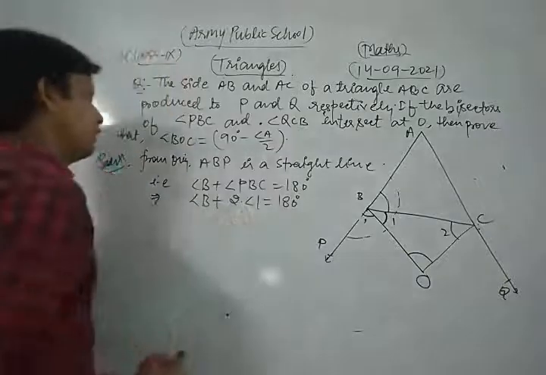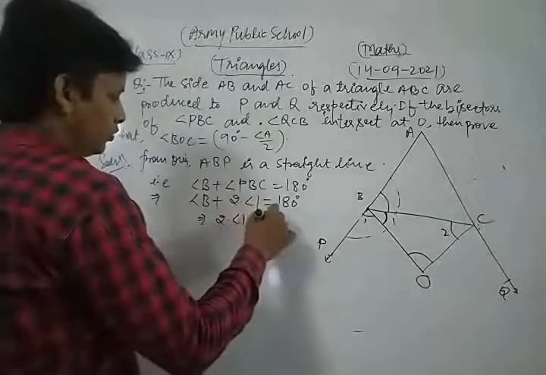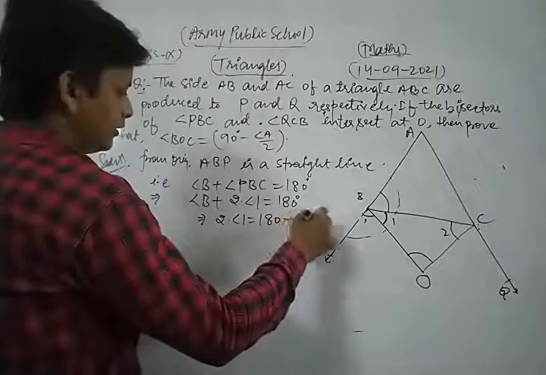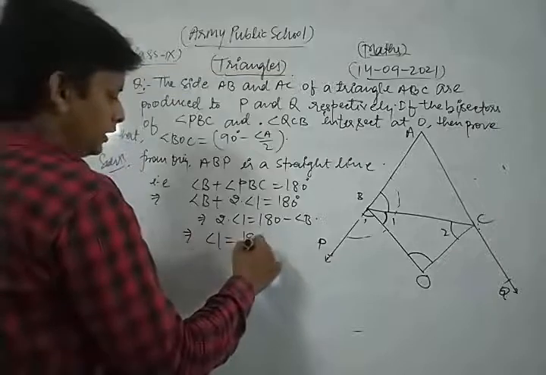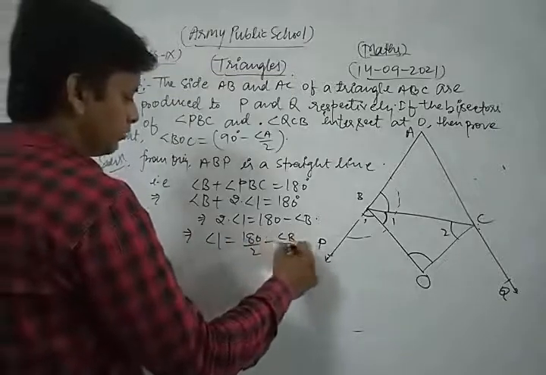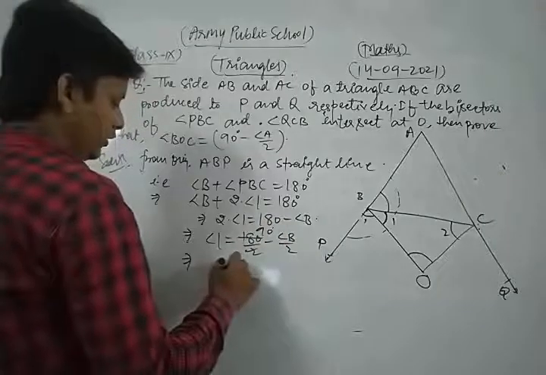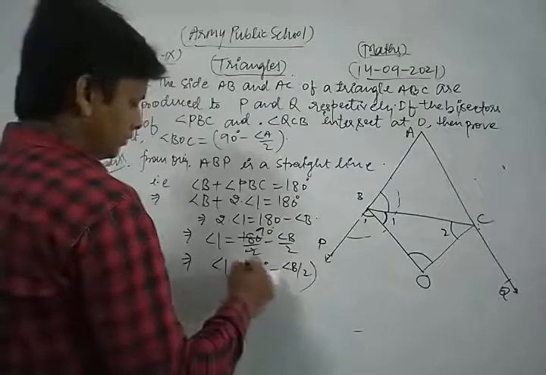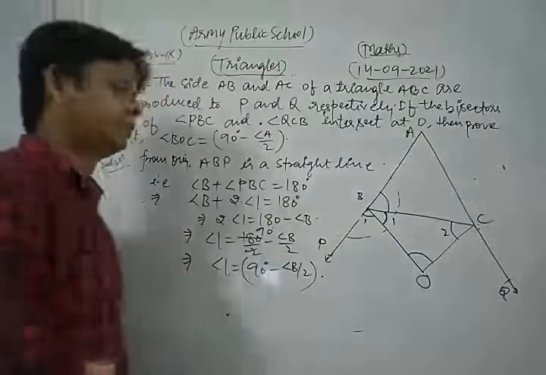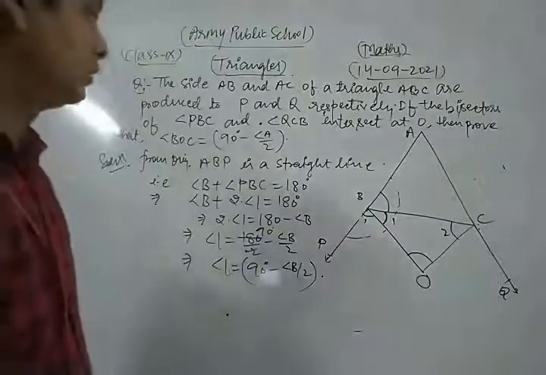Now from there we find the value of angle 1. 2 times angle 1 is equal to 180 minus angle B, so angle 1 is equal to 180 upon 2 minus angle B upon 2, which is 90 degrees minus angle B by 2.